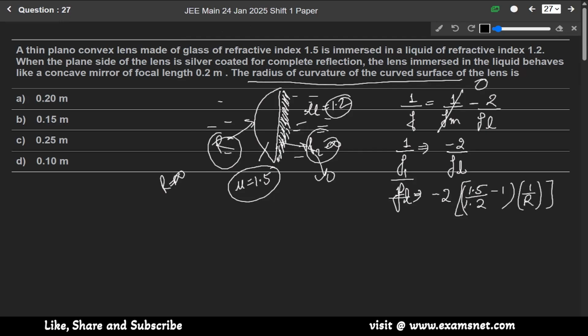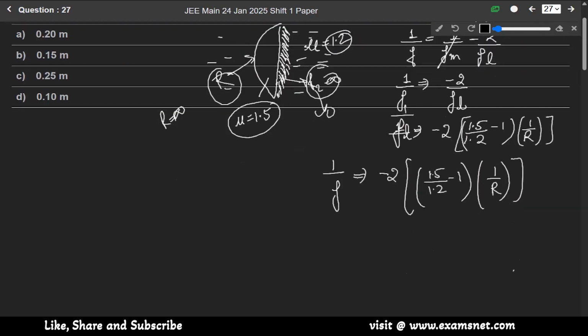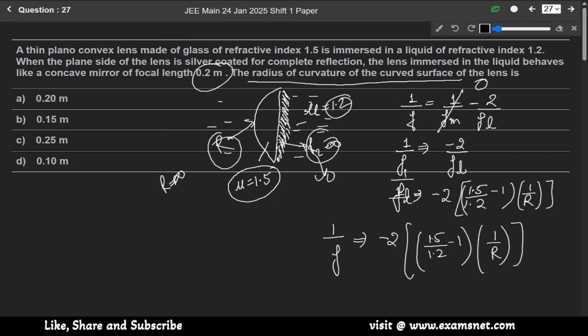So 1 over F will be equal to minus 2 into (1.5 over 1.2 minus 1) into 1 over R. And F is given in the question as 0.2 meter.